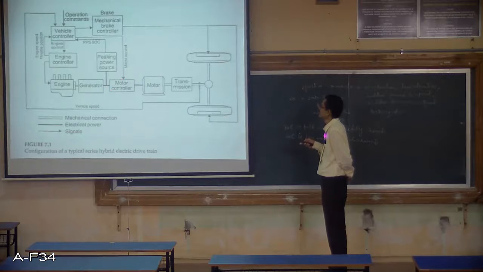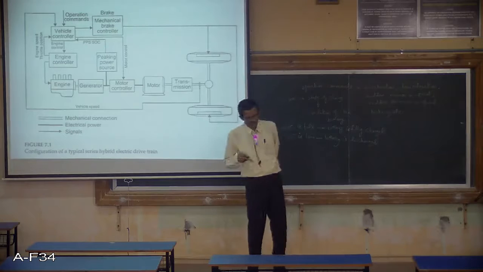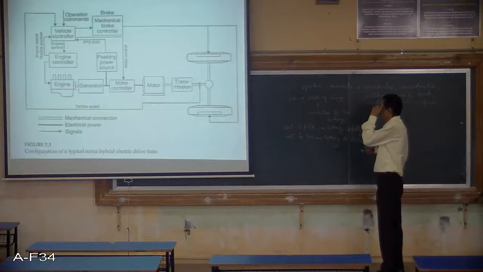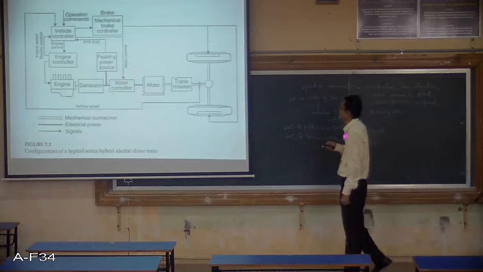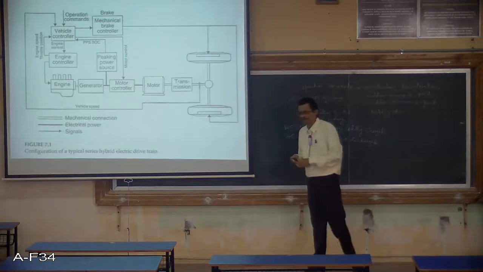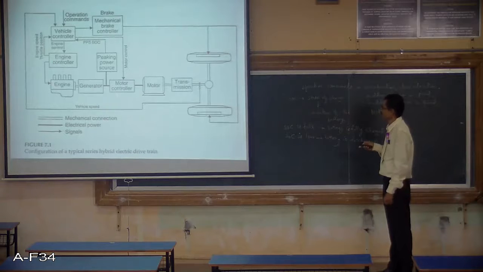Motor controller now, this is nothing but a power electronic converter, wherein the AC power may be converted into DC, if it is a DC motor. If you have a DC motor, again you have a chopper control here to get the variable speed from the fixed voltage of the battery or generator.